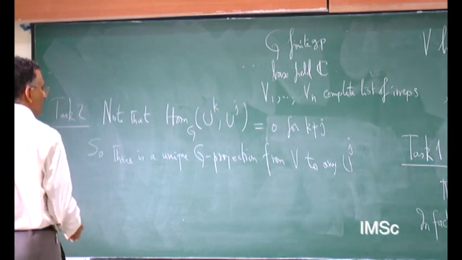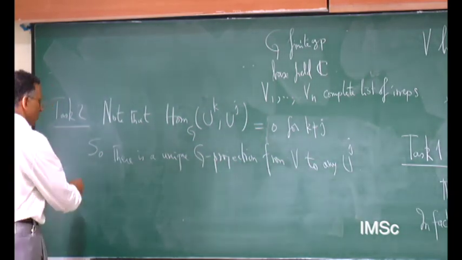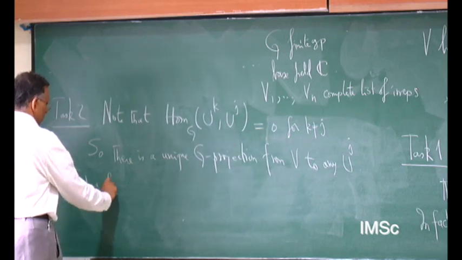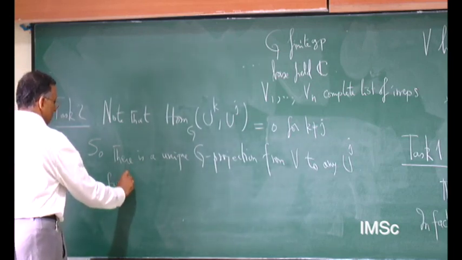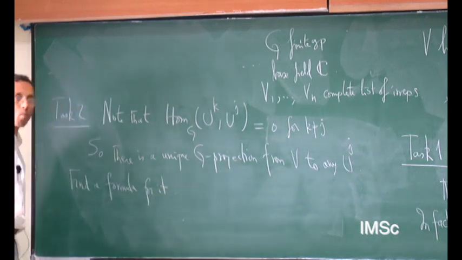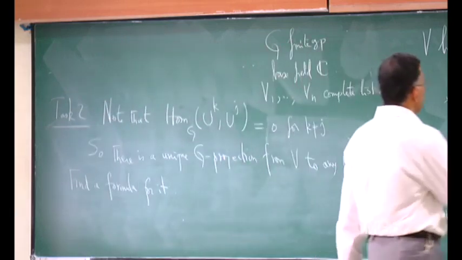So there is a unique projection from V to U upper j. Now find a formula for it. We have V equal to the direct sum of the U's.